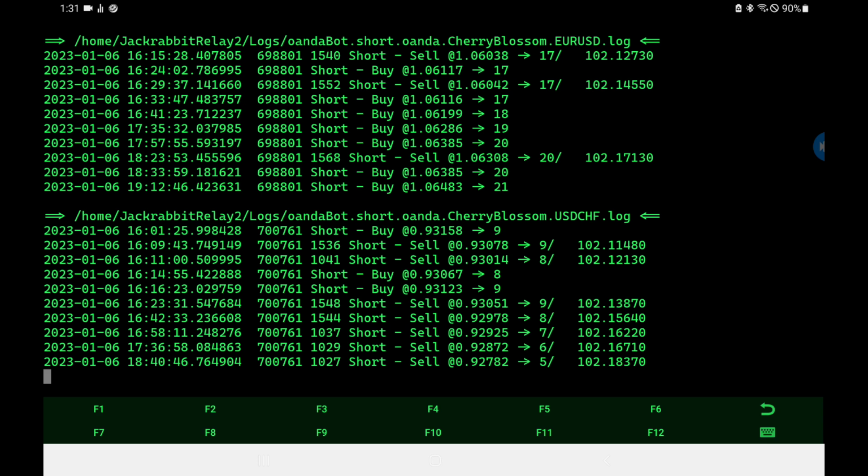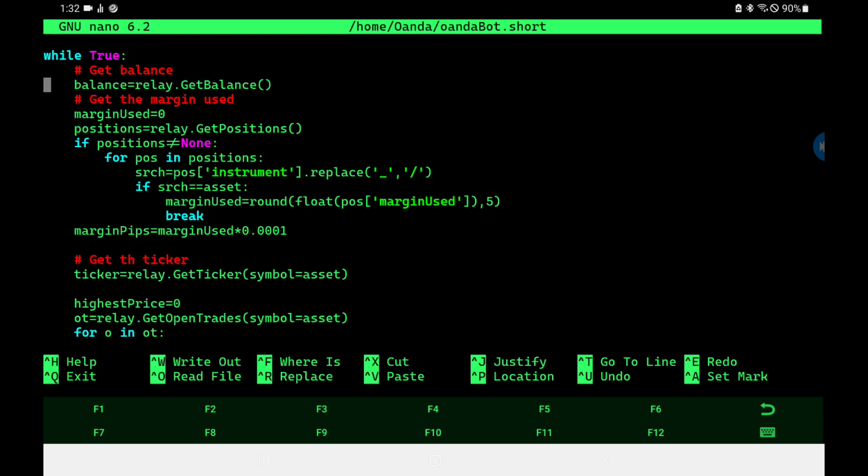And really, in automated trading, that's your worst situation you're going to deal with. Automated trading actually works great for this type of a situation as long as you don't scale too quickly. So now that we've got the balance, we're going to figure out what our margins used are.